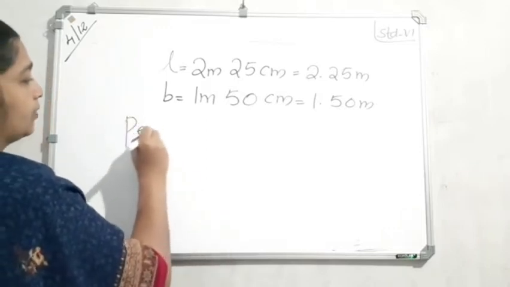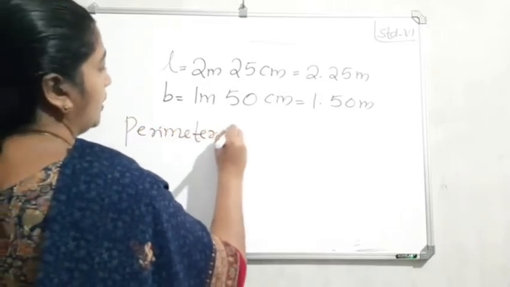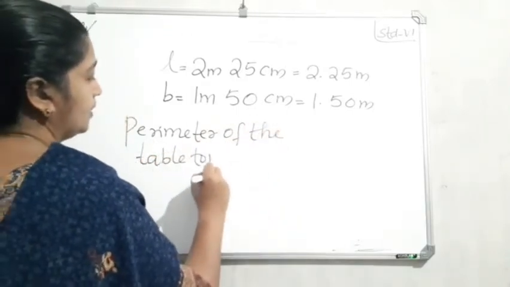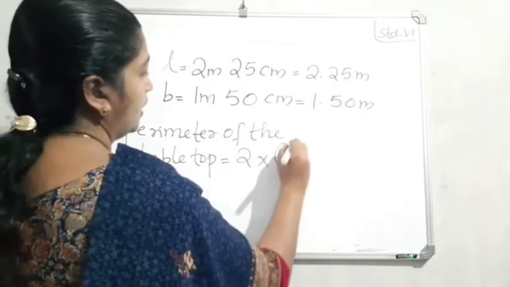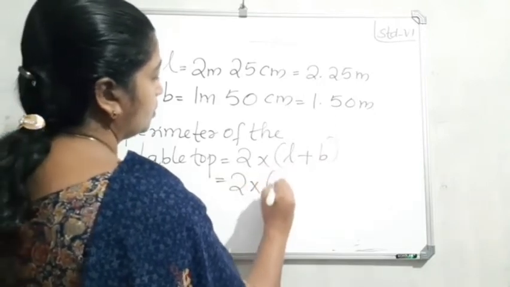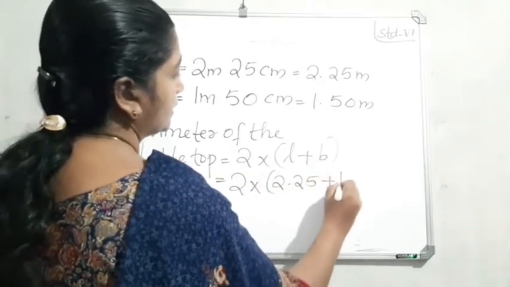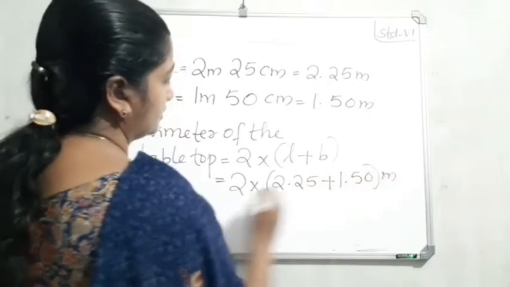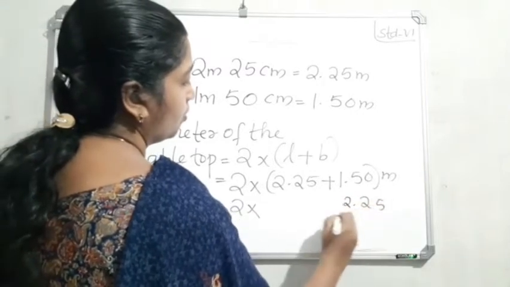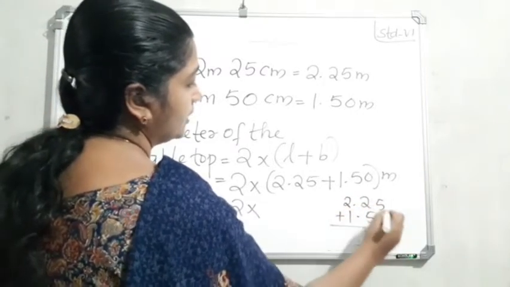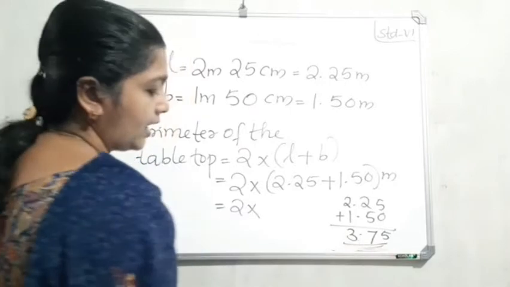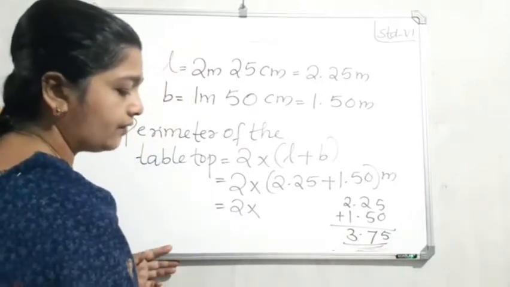Perimeter of the tabletop equals 2 into length plus breadth, that equals 2 into 2.25 plus 1.50 meter. Understand? Then 5 plus 0 is 5, 2 plus 5 equals 7, 2 plus 1 equals 3, that equals 3.75.